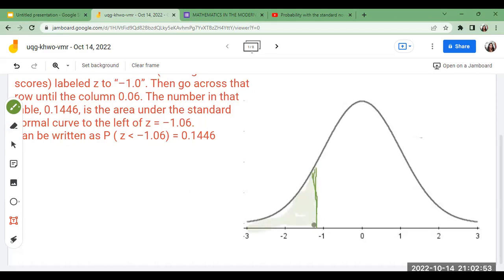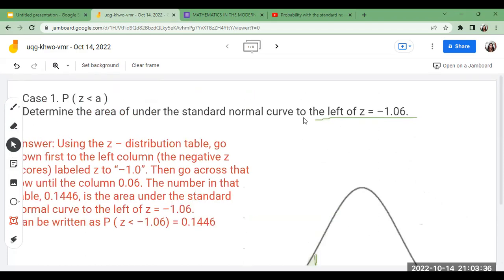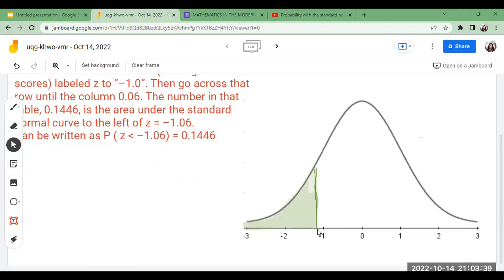Shaded. It's a bit hard to shade. Okay, so this is how you draw the normal curve for the area to the left of Z equal to negative 1.06.